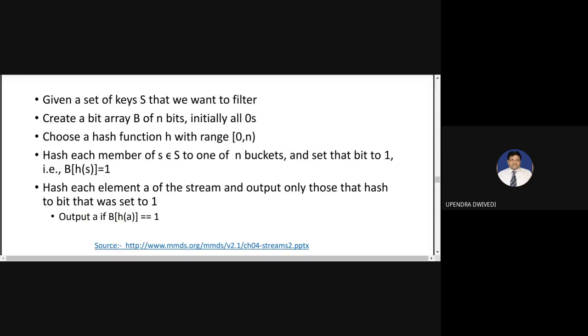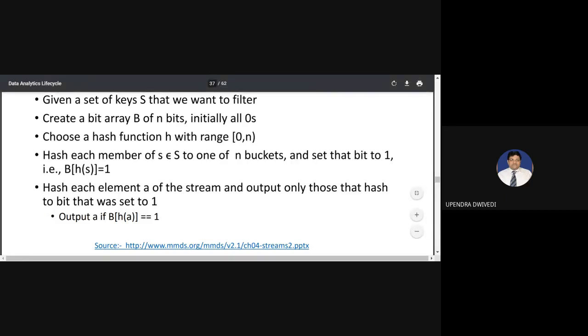We have already discussed in the previous session how this hash function will work. Now we have to take each member s of S, where small s belongs to capital S. As you know, earlier we defined a set of keys S, that is the set of keywords provided by the users or defined by the data team, so that based on that certain set of words we can filter out the required information from the whole stream.